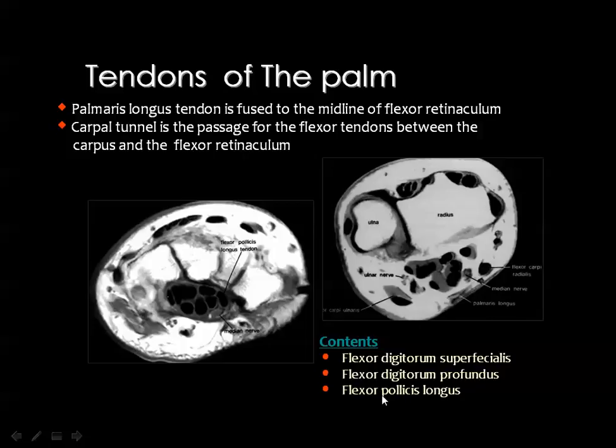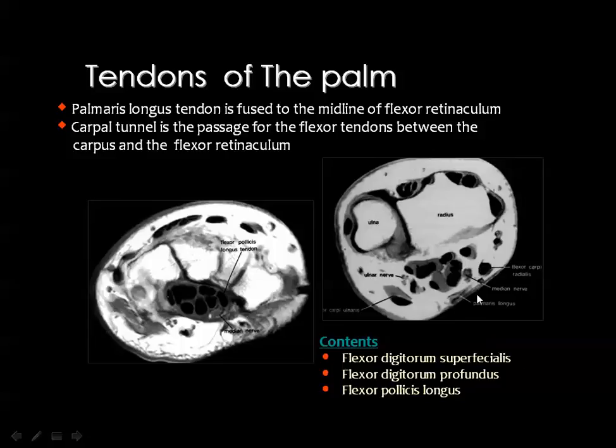Then look carefully here. If you are cutting the wrist proximal to the level of the flexor retinaculum, you know that this is the ulna and this is the radius. Then these are the flexor tendons and these are the extensor tendons. In order to remember the flexor tendons, you know that most of these are the flexor digitorum superficialis and profundus.